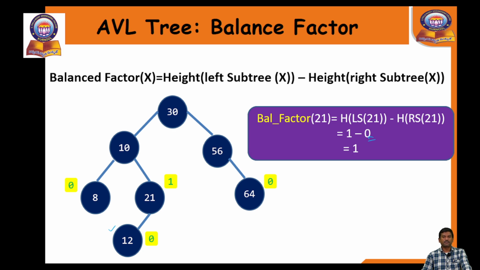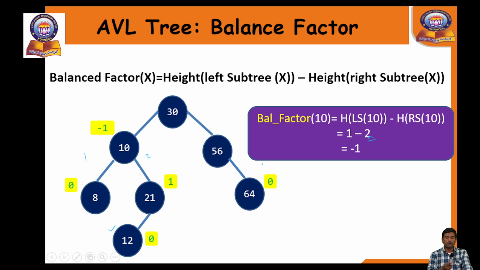In the same fashion, if you need to find the balance factor of node 10, what is the height of node 8? If you consider the left subtree, it is equal to 1, and for the right subtree, there are 2 levels down, that is 2. So the height of the left subtree is 1, the height of the right subtree is equal to 2. So 1 minus 2 will be equal to minus 1.